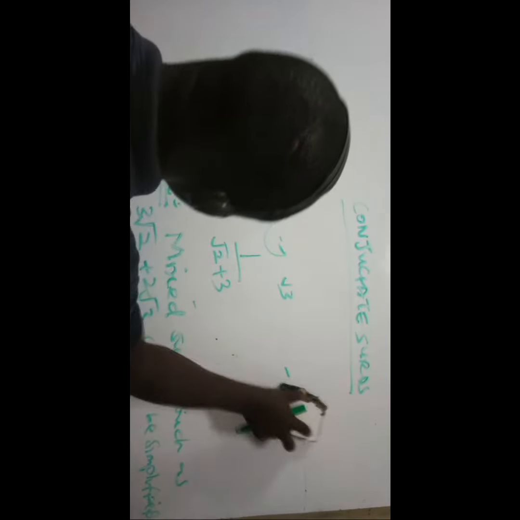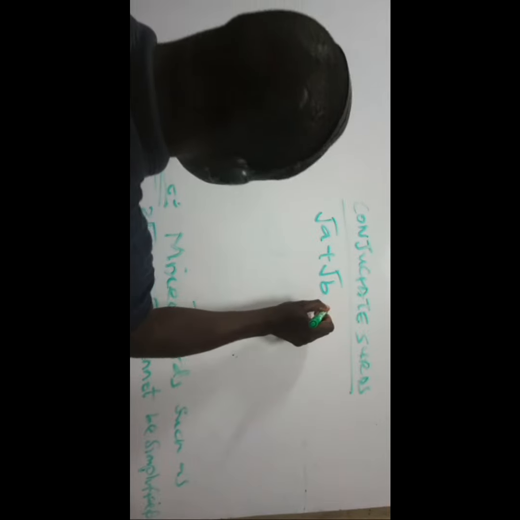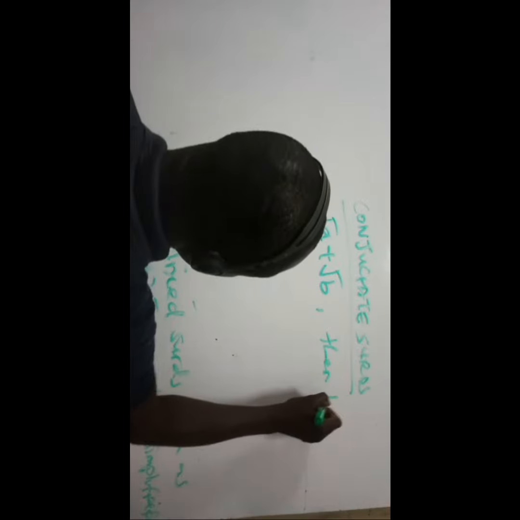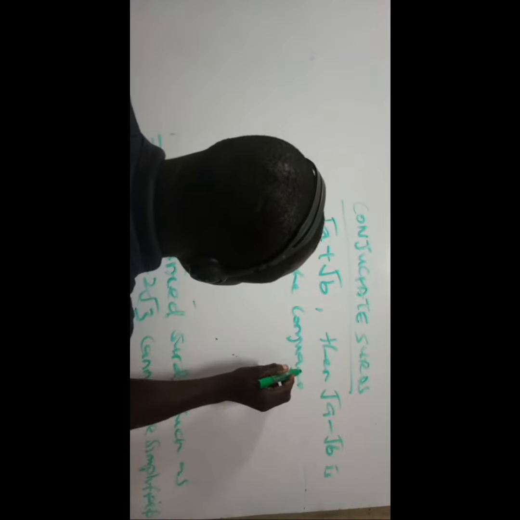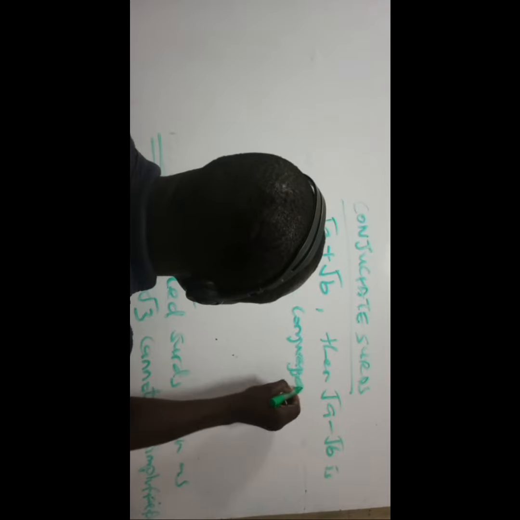If we are given this expression, square root of a plus square root of b, then square root of a minus square root of b is called the conjugate of square root of a plus square root of b.